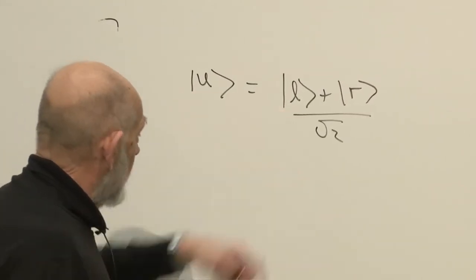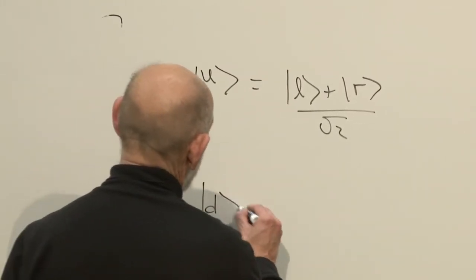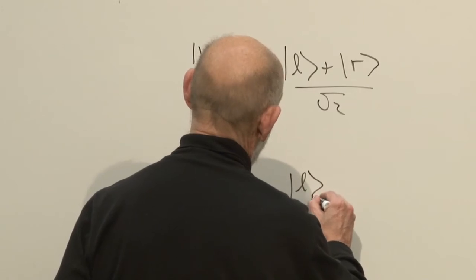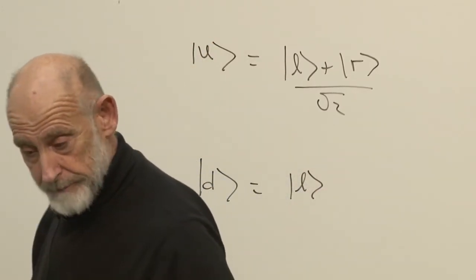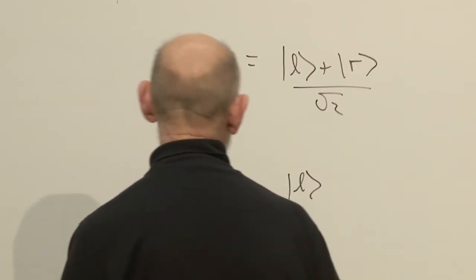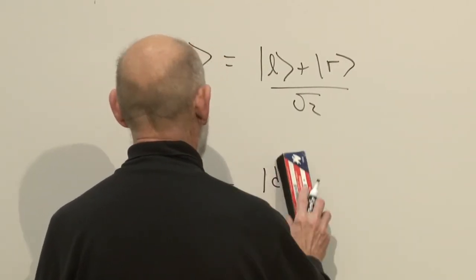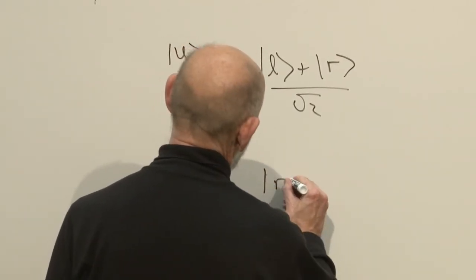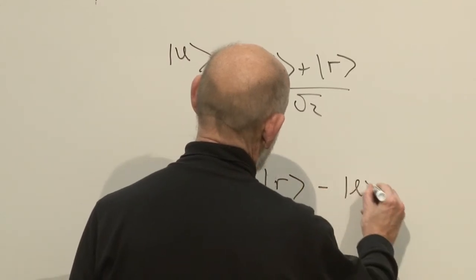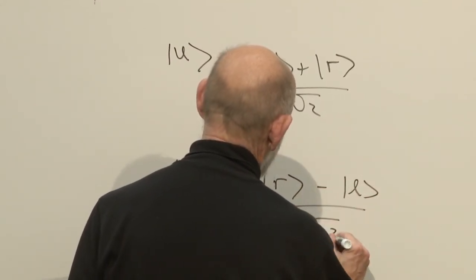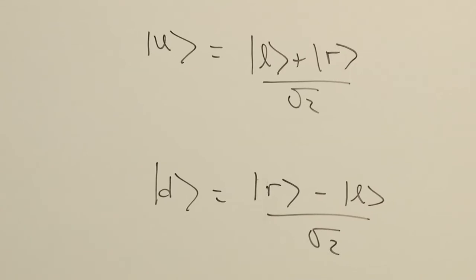Down is right minus left over root 2. So all we have to do is plug them in.